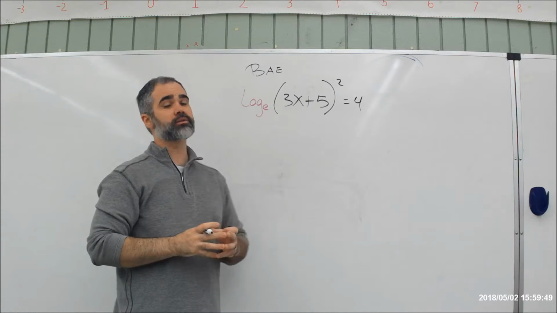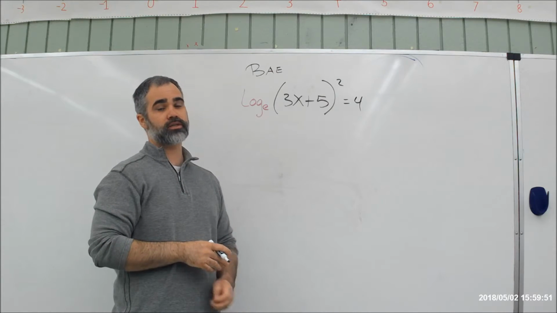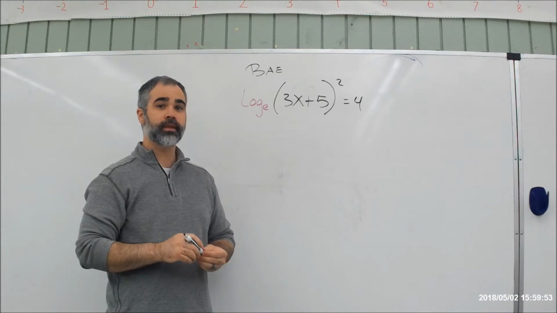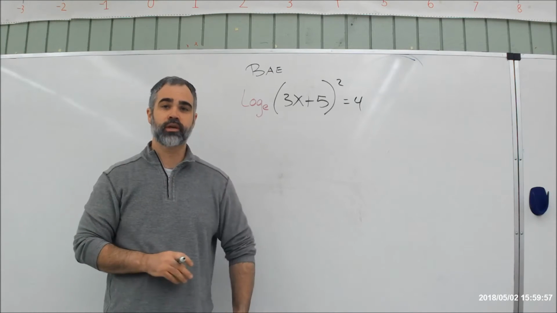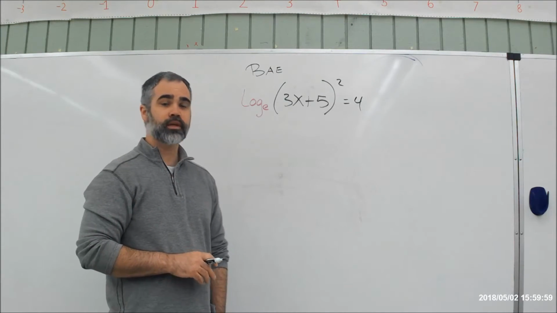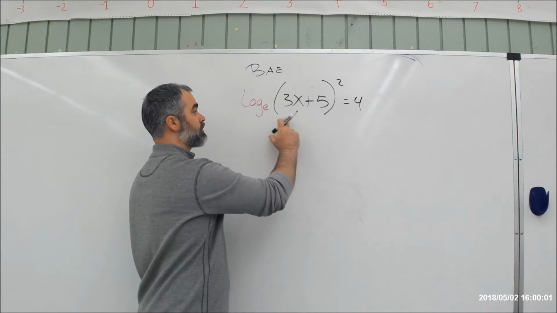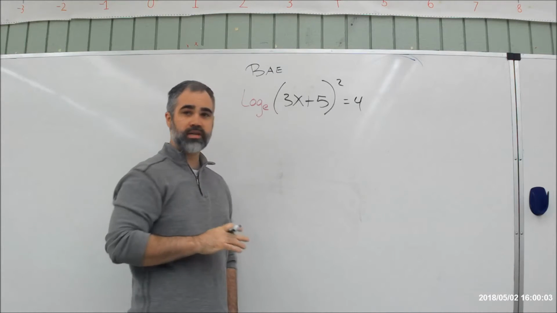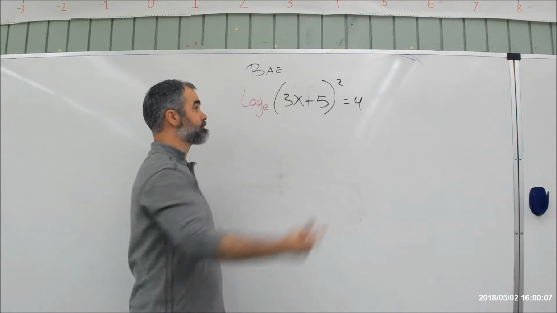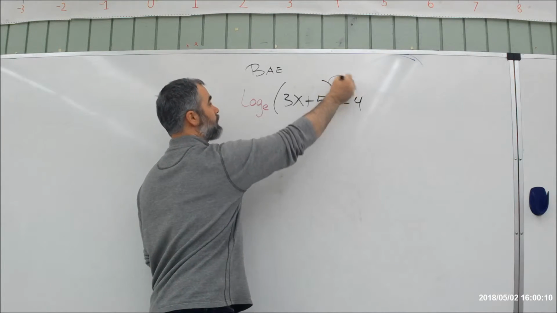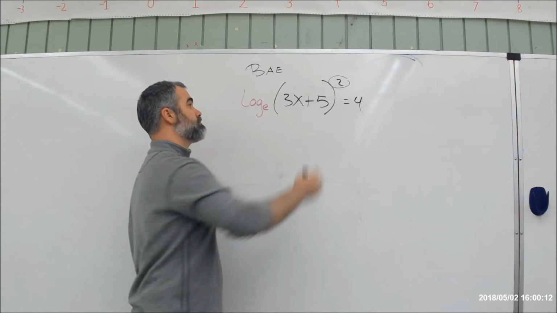So there's one thing we can do on this problem to simplify it before we change it to an exponent, which would be really helpful. If you remember your power property, and I'll show you the rest of those properties after this problem, if you have your whole, it's called the argument of a log, but it's the answer part, so it's the a part of your log. If that has an exponent on it, you can take that exponent and move it out front.